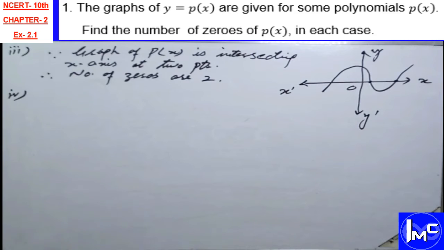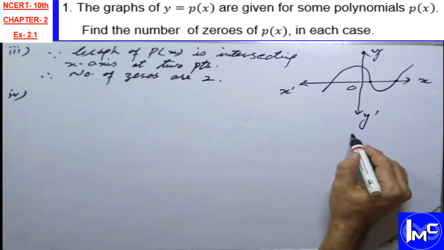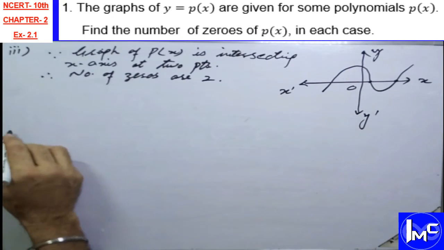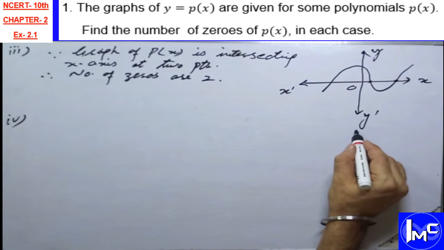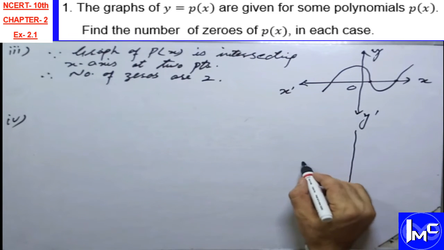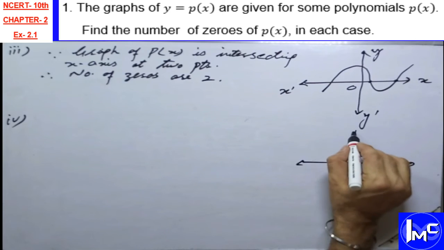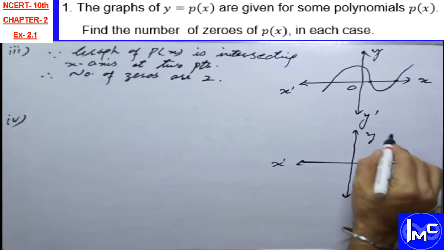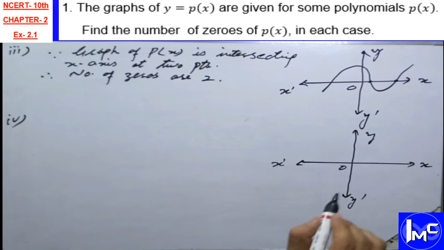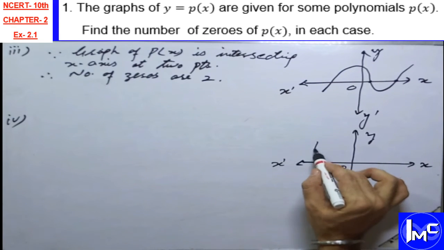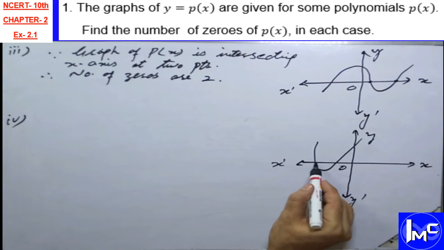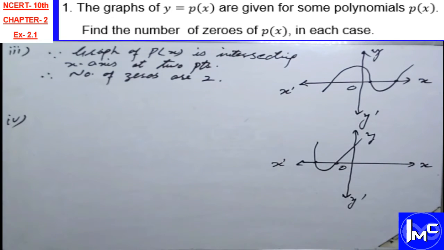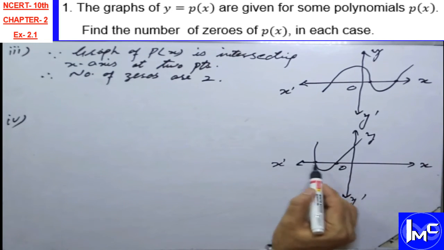Fourth one is, X, X dash, Y, Y dash, O, this is like this, and it is also intersecting the x-axis at 2 points.